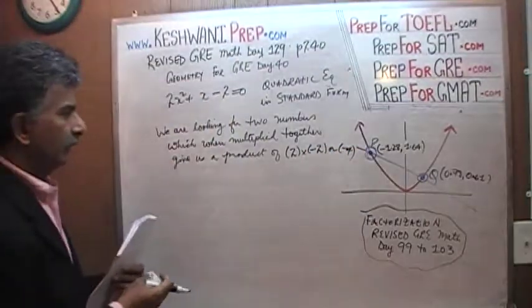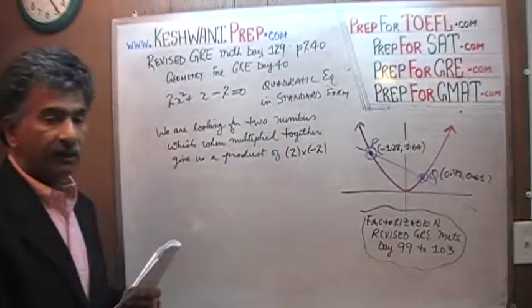That's the first condition. We're looking for two numbers whose product has to be negative 4.